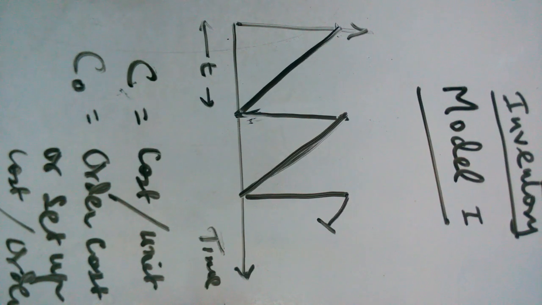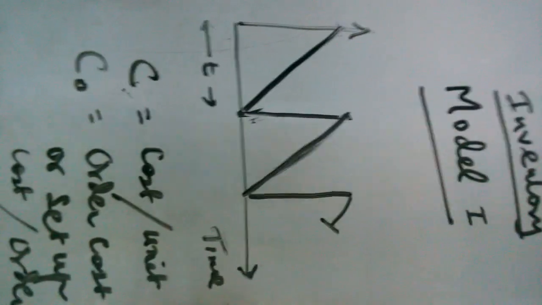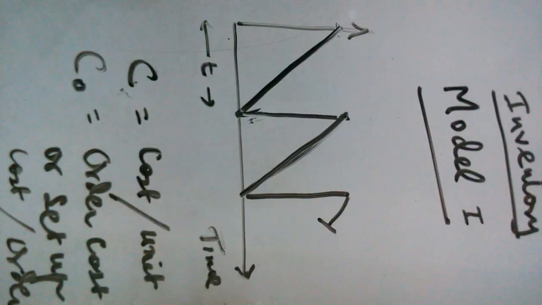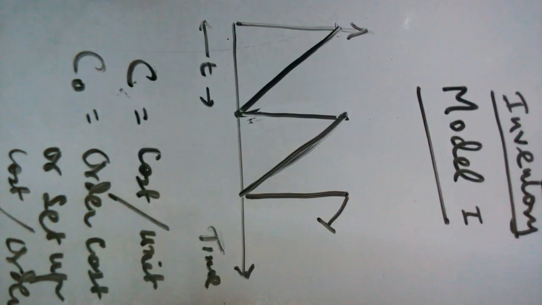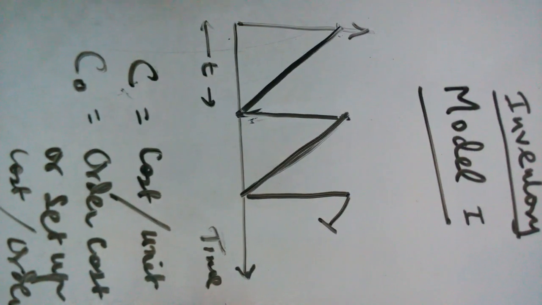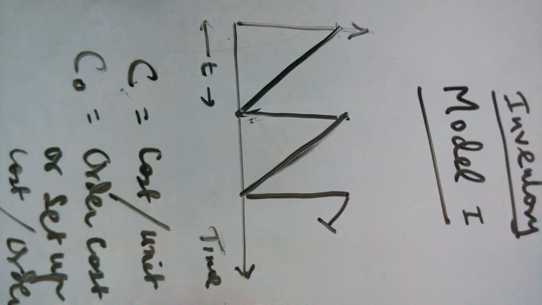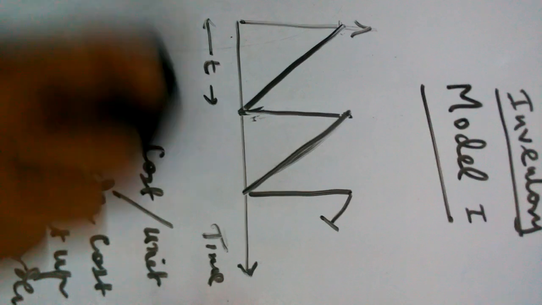Now next cost we need to calculate is actually nothing but the carrying cost. Carrying cost means the cost of inventory also. Holding cost sometimes we call, that is the cost of holding the items, or storage cost, that is CH, that is denoted by CH.